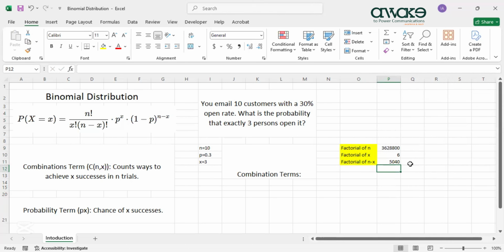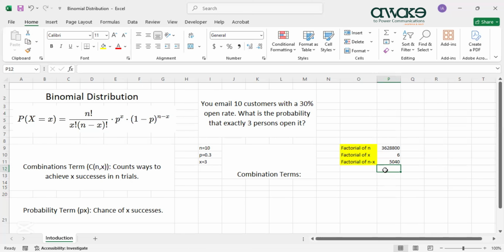We can now bring these values into this section of our formula. So now we multiply X factorial by N minus X factorial.